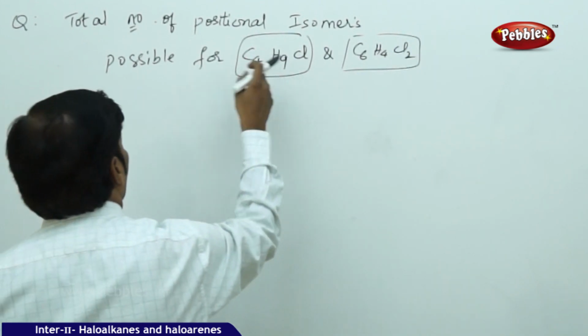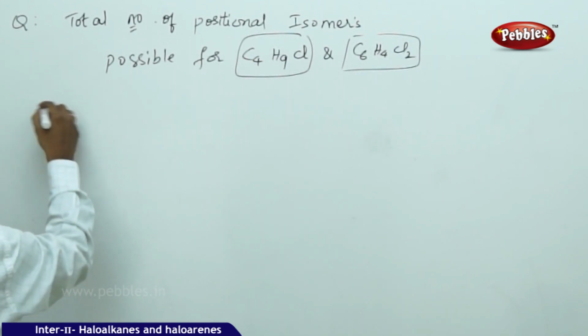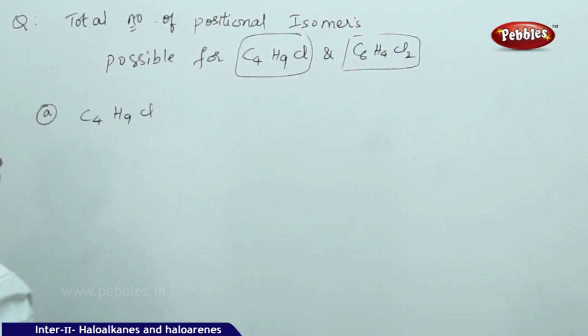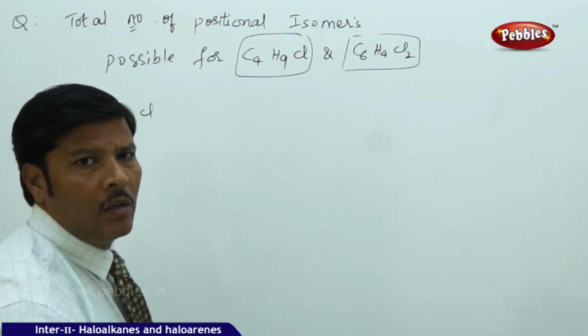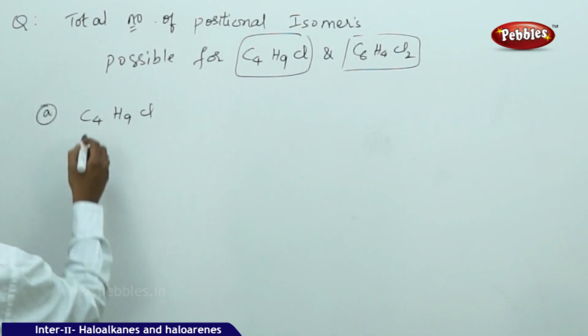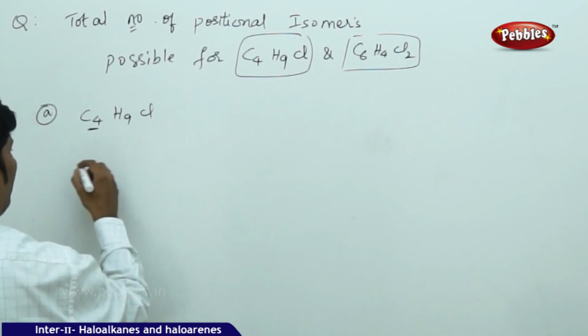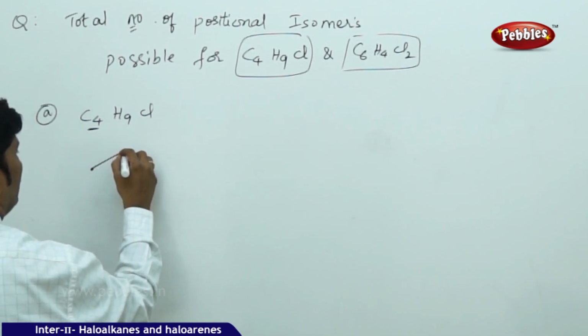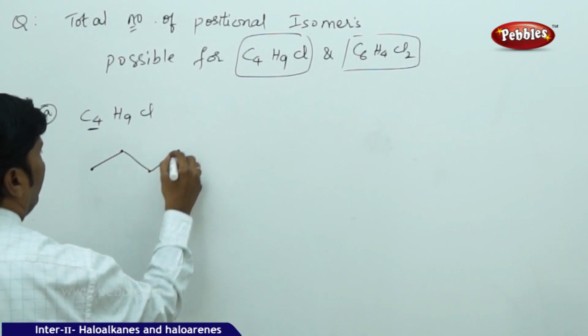So I am going with C4H9Cl first. C4H9Cl is the given compound. Then I am going to use one technique called the bond line representation technique, because the number of carbons is 4 here. So this is 1, 2, 3 and 4.